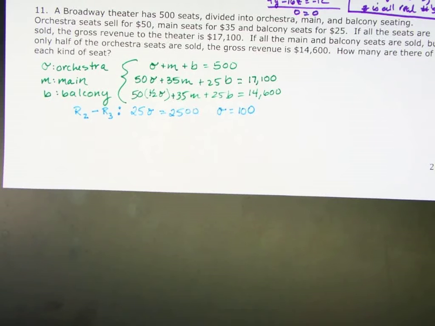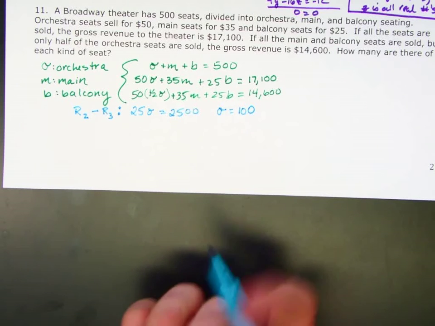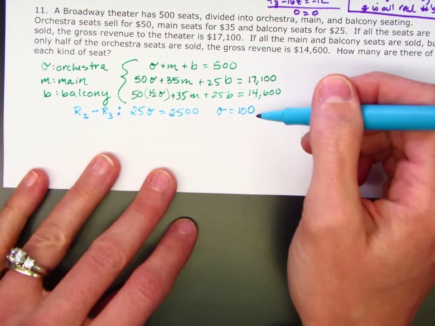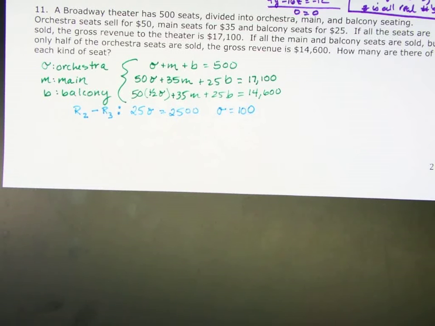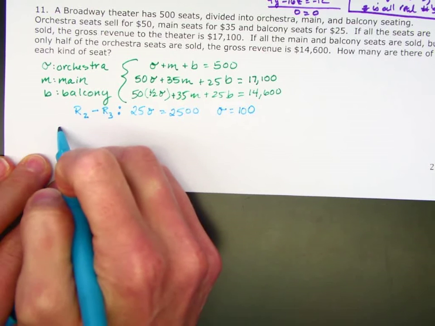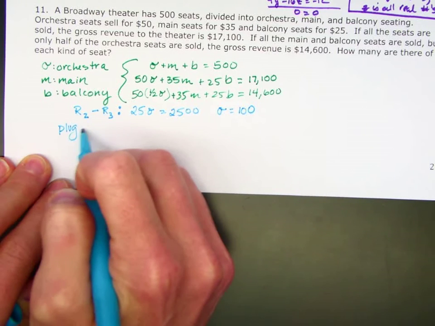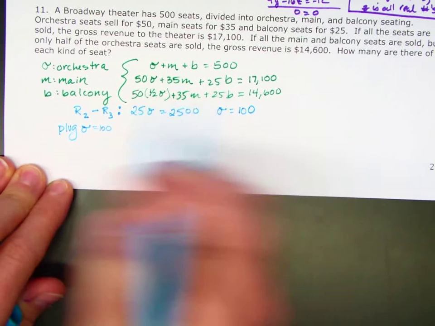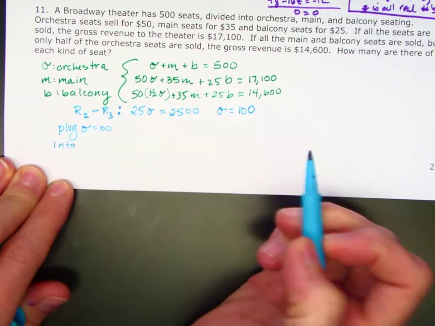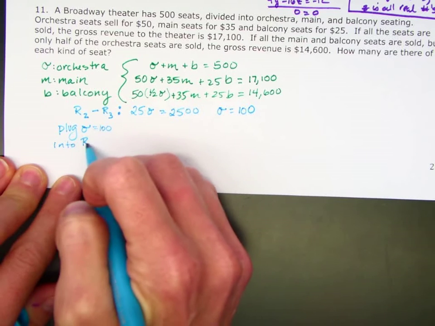Okay. Now because of that, I can take this amount and plug it into two of the rows to get a two variable system. So I'm going to plug my orchestra solution, so O equals 100, into row 1 and row 2.